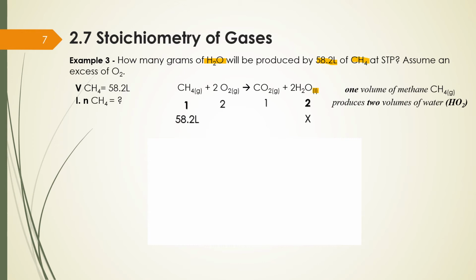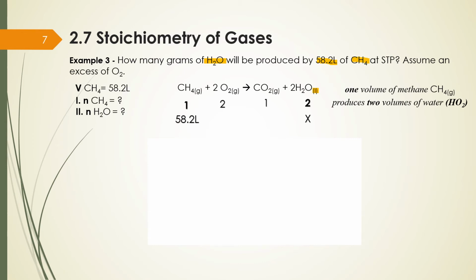This is gas, this is liquid, so I cannot use directly the ratio. After that, I need to convert my H2O, my water, also to moles. So I'm gonna work with the same units. So from this volume here, 58.2, I can calculate the number of moles of CH4. And from here, I can calculate the number of moles of H2O.